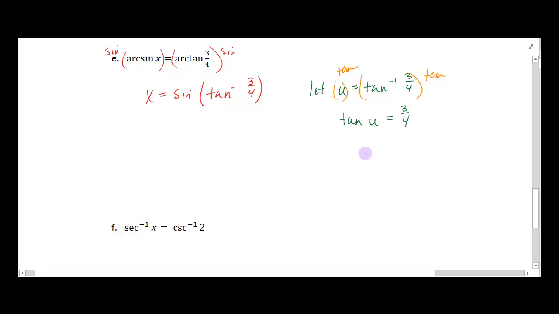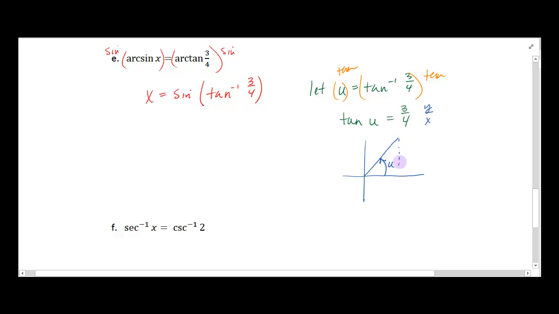So we're going to draw a picture here, using our trig definitions for tangent. I know that 3/4, both of these values are positive, so we're looking at some angle u here that, when I take the tangent of it, I get 3/4. And the tangent is y over x.